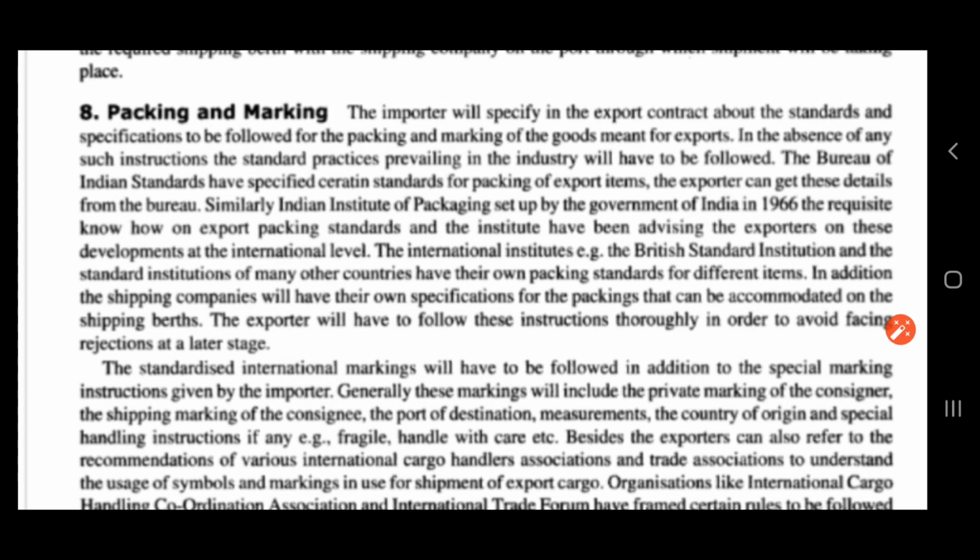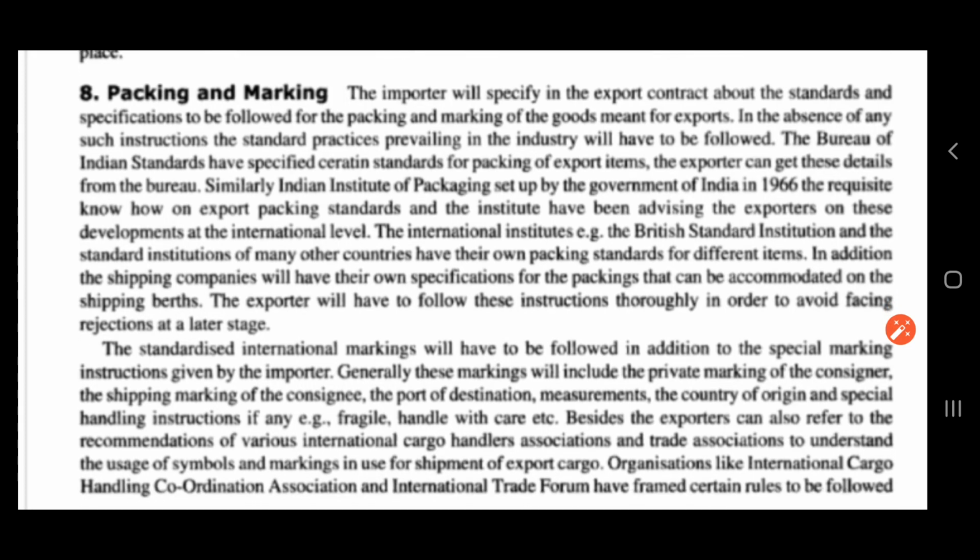So they have to follow these specifications, as well as the guidelines of the Government of India, which formulated one particular act about this packing in 1966. So the exporter should also know what the specifications formulated by the act are.